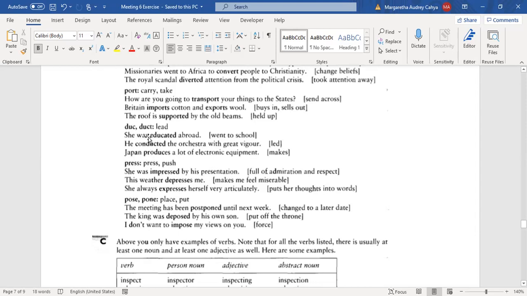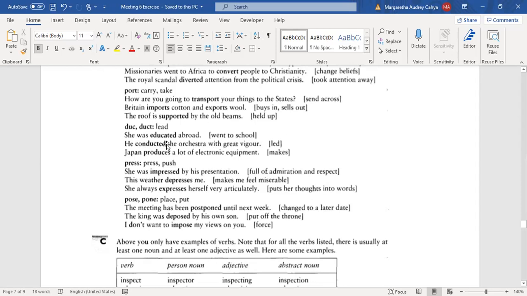So she was educated abroad. Well, it didn't really have anything to do in relation to lead. Ya kan? Apalagi artinya bahkan juga tidak ada. Even the meaning of this sentence has nothing to do with lead. She was educated abroad. She went to school abroad, right? Nothing to do with lead.